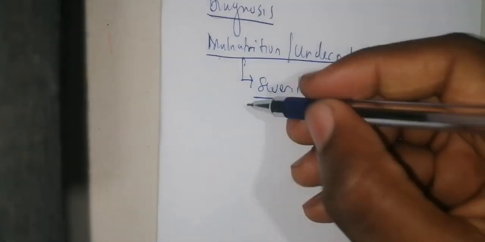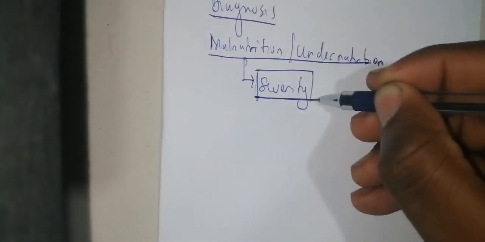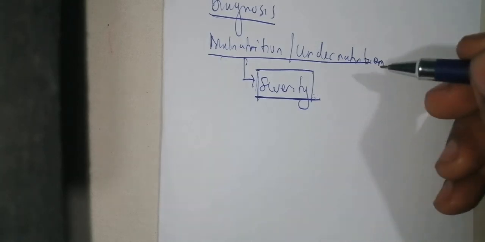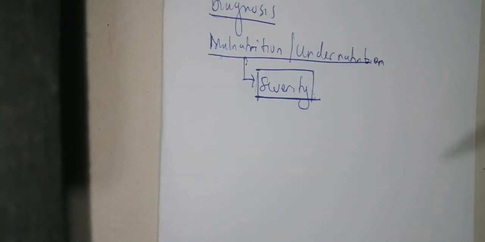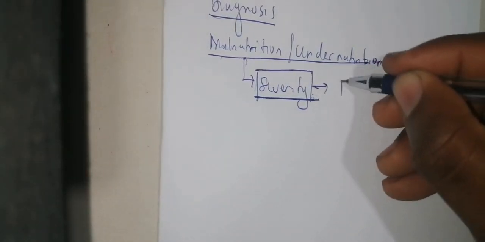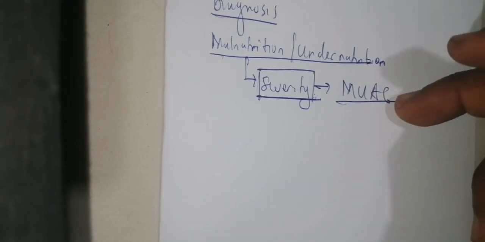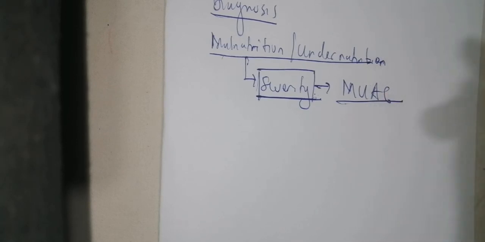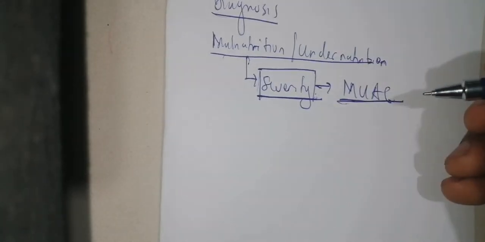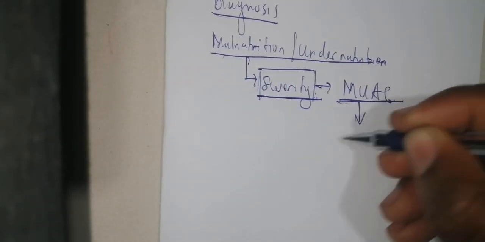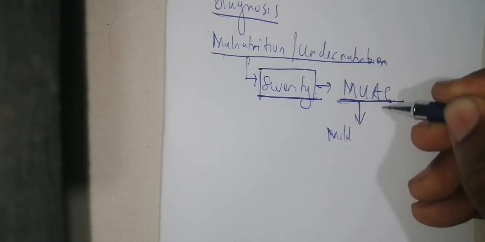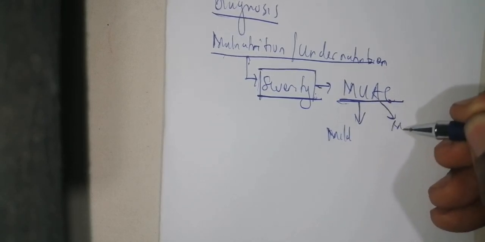I had forgotten to speak about this very important element. The severity of undernutrition can be visualized on the Z-score, and it can also be visualized on the mid-upper arm circumference. For the mid-upper arm circumference, we have said that it can be divided into mild, moderate and severe.